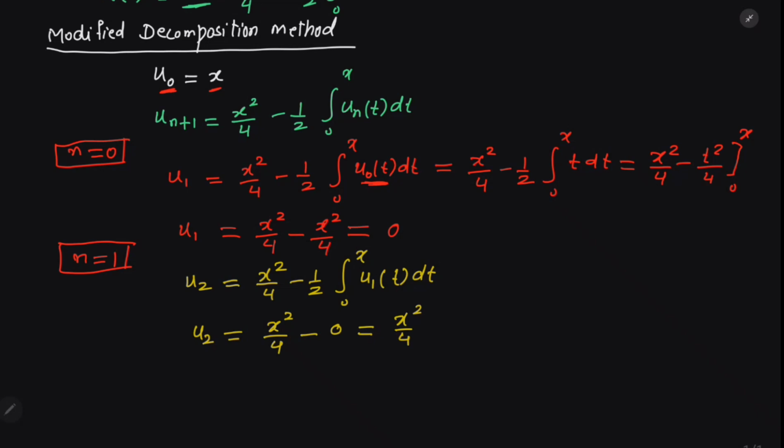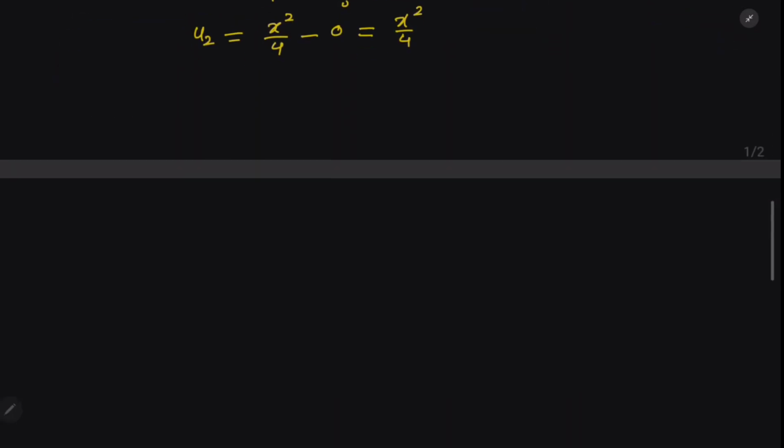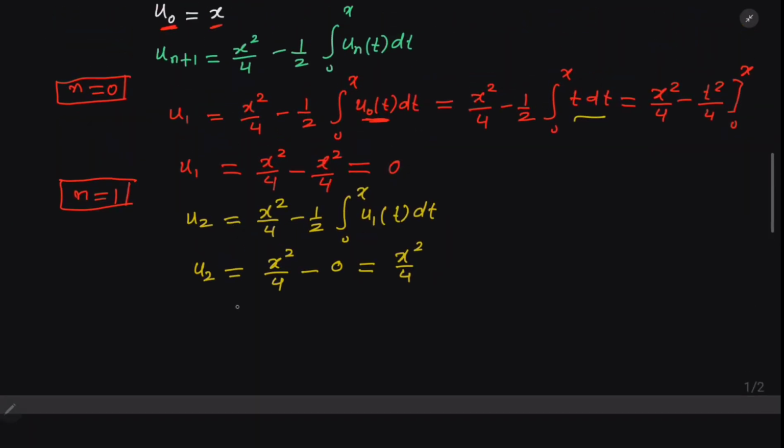Let me see what I have done. Maybe yes, it is correct. So u1 is 0. If u1 is 0, we get u2 is equal to x squared by 4. So at the end we get u0, u1 and u2.